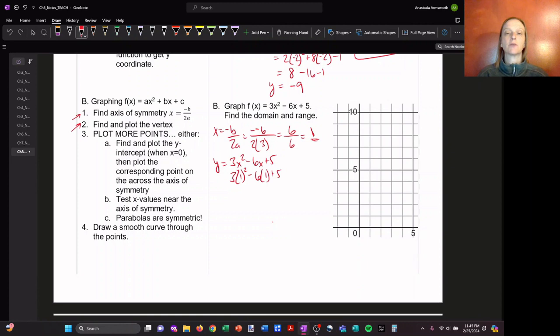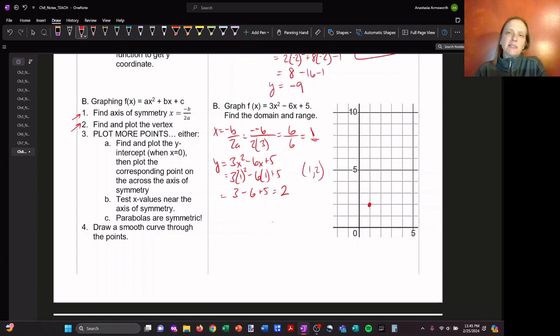And 3 times 1 squared is just 3. 6 times 1 is just 6. And add the 5. So adding all of that together is 2. So if my x value is 1 and my y value is 2, then my vertex ends up being here on the graph.